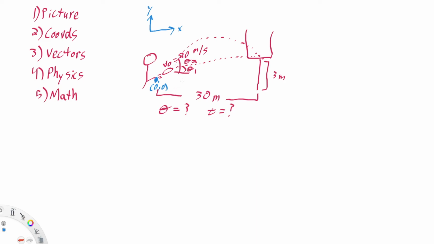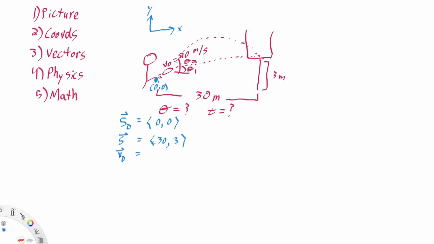With that decision out of the way, we need to write down in vector format all of the information that we've got. So our initial position is the origin. Our final position will be the bar of the uprights, so it'll be at coordinates (30, 3). Our initial velocity, we know the speed but not direction.